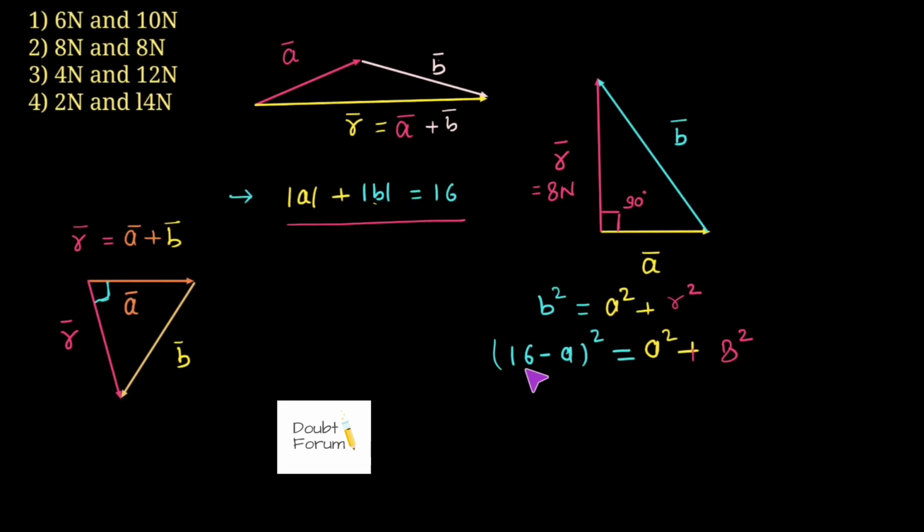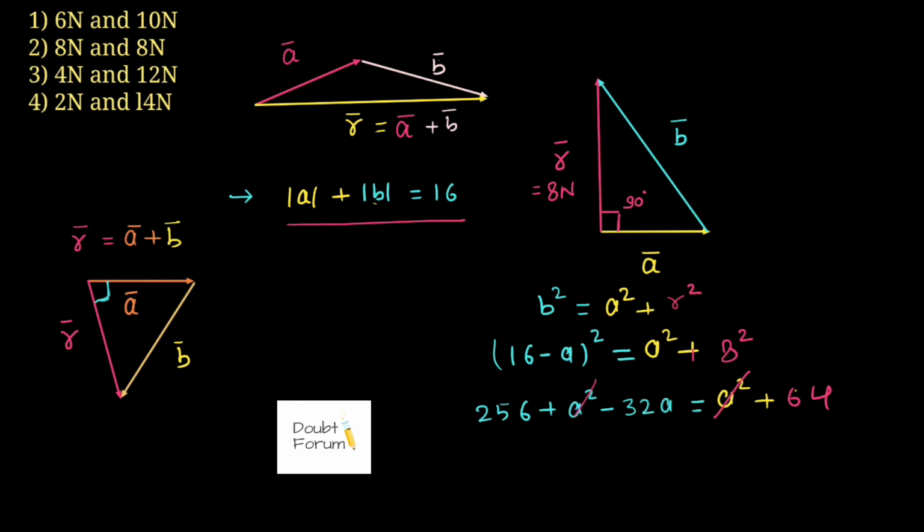Now if you open this bracket, 16 square is 256 plus A square minus 16 into 2, which is 32A, and the right hand side is A square plus 64.